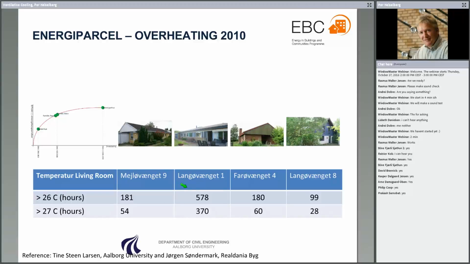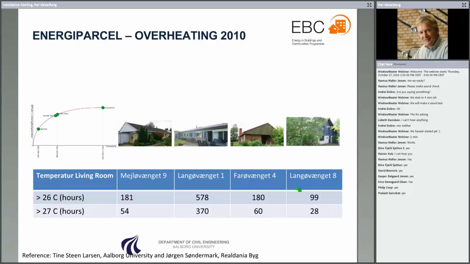It was not the building which had the most extensive renovation. It was just a selection of measures that was handled, while the building which was actually extensively renovated with a lot of measures, and also achieved a lower energy consumption in total, actually had much less overheating problems.